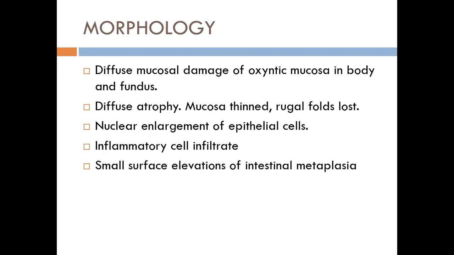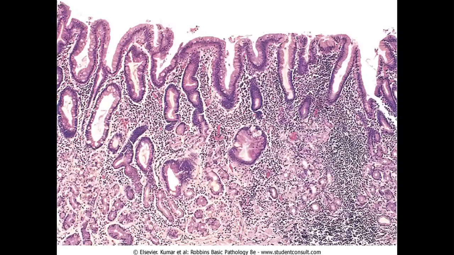The rugal folds may be absent, and the epithelial cells show regenerative changes, that is nuclear enlargement, and there is inflammatory cell infiltrate in the lamina propria. Small surface elevations may be due to intestinal metaplasia.